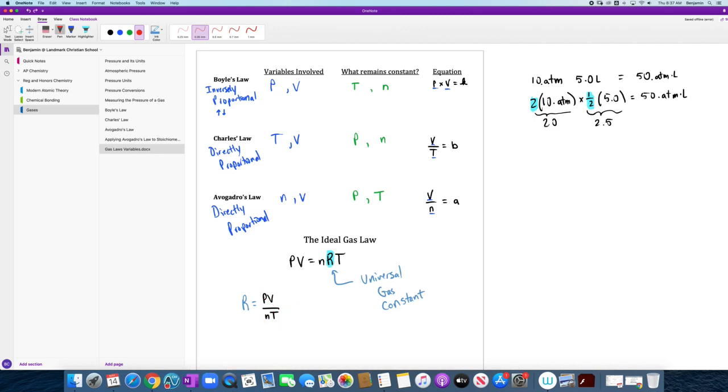And it turns out this ratio, PV over nT, no matter the gas sample, it could be a room filled with oxygen, it could be a helium balloon, it could be nitrogen under a lot of pressure. It turns out that that ratio is always a constant value.